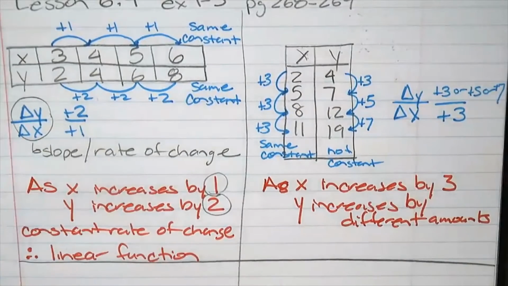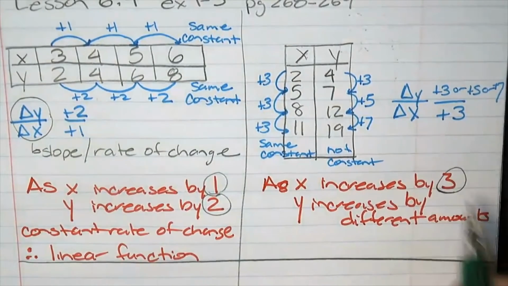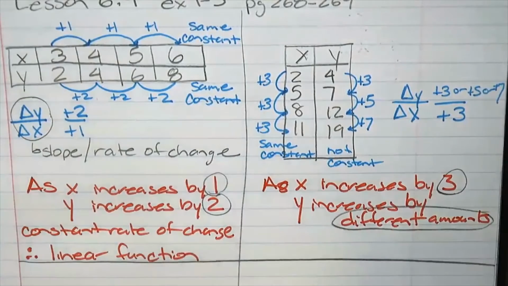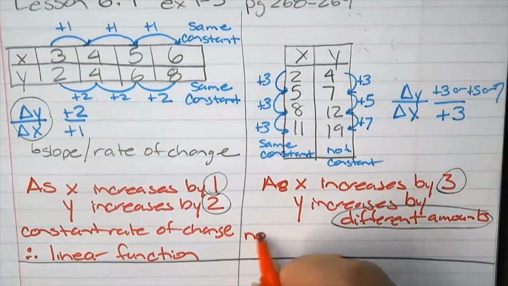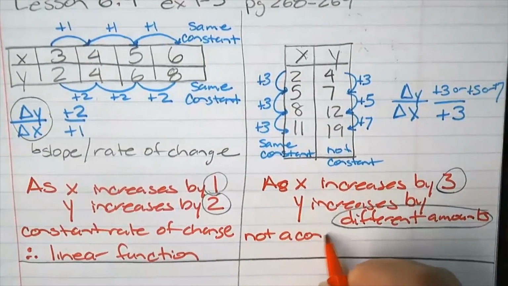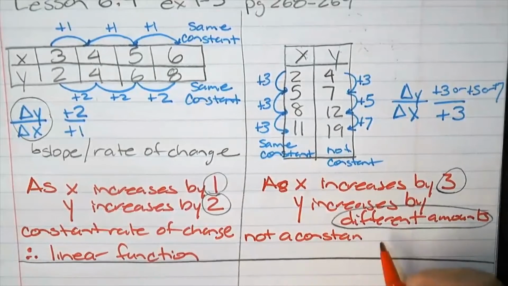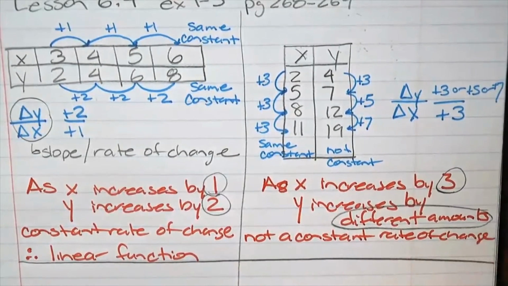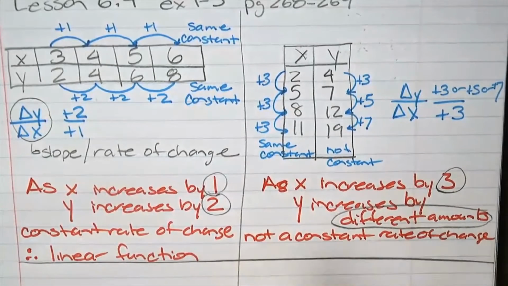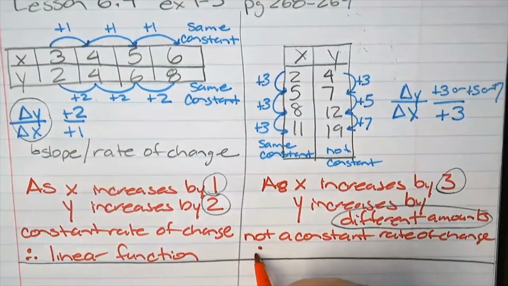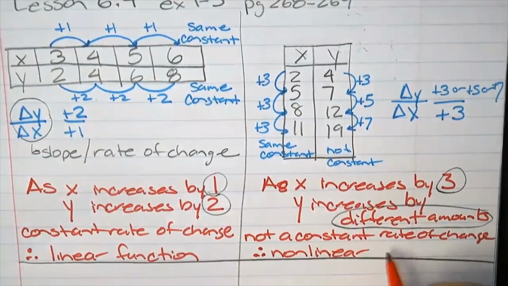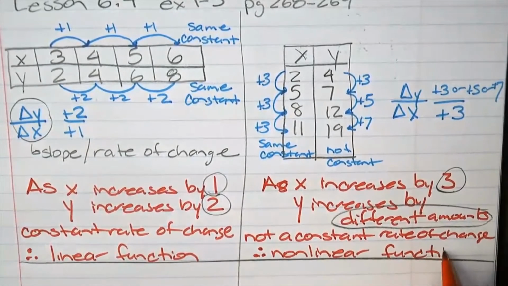So when I look at this, this is constant, but this is not. So we do not have a constant rate of change. Therefore, this is a nonlinear function.